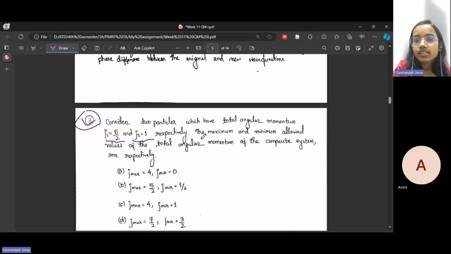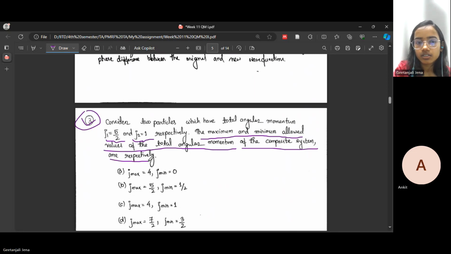Now the maximum and the minimum allowed values for the total angular momentum of the composite system are respectively. So you have two particles, one with angular momentum J1 equal to 5 by 2, the other with J2 equal to 1. Now it is asking what is the maximum allowed value for J in this composite system and what is the minimum value of J in this composite system.